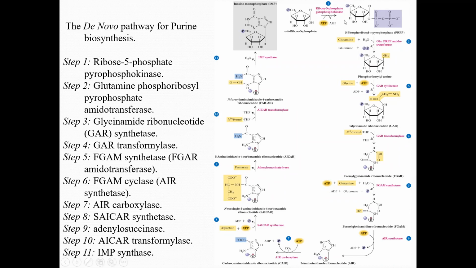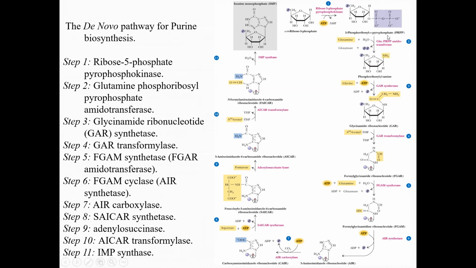This ribose 5-phosphate pyrophosphokinase acts on the substrate ribose 5-phosphate and just transfers pyrophosphate group to carbon number 1, okay, from the ATP, okay, and ATP gets converted into AMP, and we will get our first product of this pathway, that is 5-phosphoribosyl alpha pyrophosphate. This enzyme is the rate limiting enzyme, and this is also considered as a committed step of this pathway. So remember, this is very important.